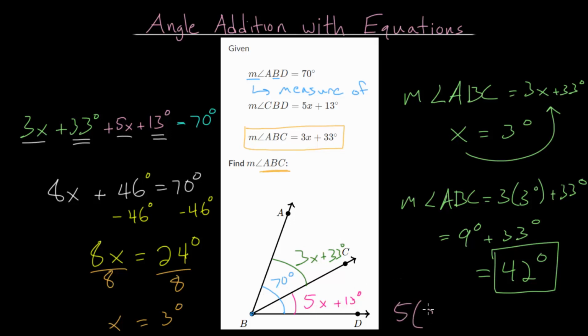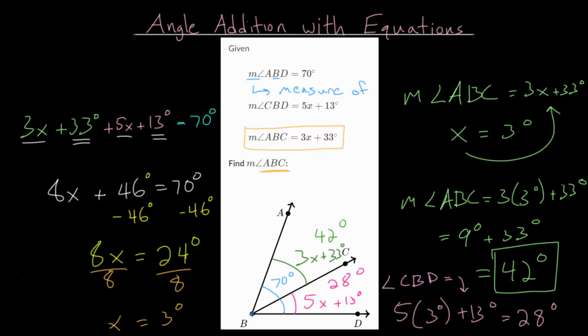So when we do 5 times 3 degrees plus 13, and again, this is angle CBD, then we get 15 degrees from this multiplication plus 13 degrees, so that is 28 degrees. And if we add these two together, this is 42 and this is 28. Well, 40 plus 20, that's 60, and 2 plus 8 is 10, so we add 60 and 10.